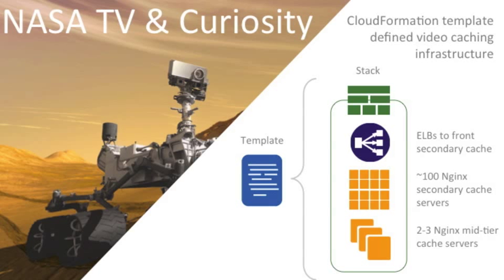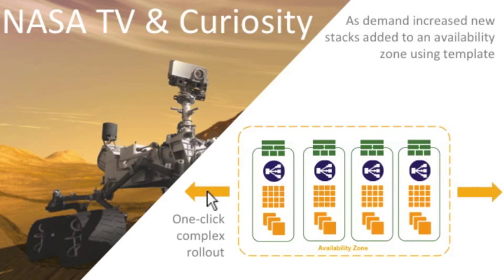And obviously they were piping live content into this environment, and it was then served on these cache servers depending on where users came from at a DNS level. As the rover landed and the first image was coming back, the demand spiked, and they manually used CloudFormation to initiate additional stacks to be deployed within an availability zone, indeed multiple availability zones across multiple regions.